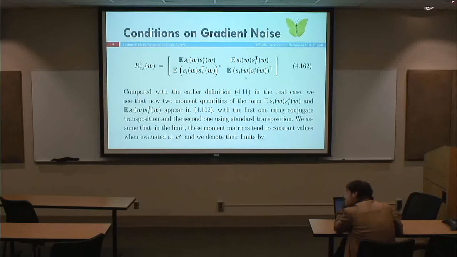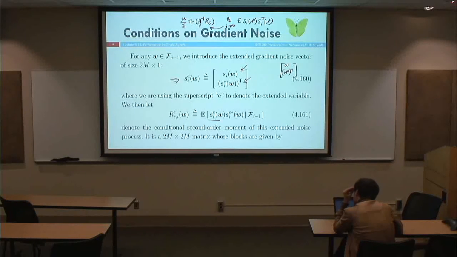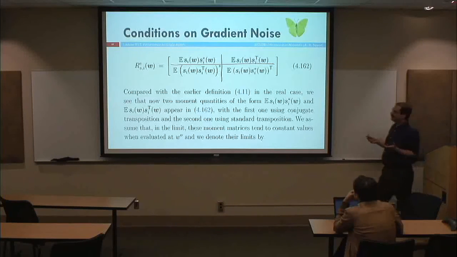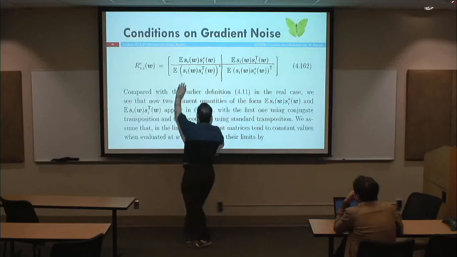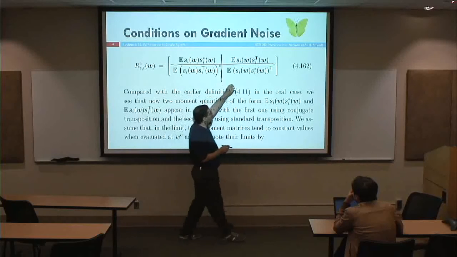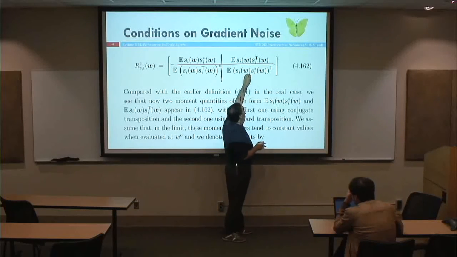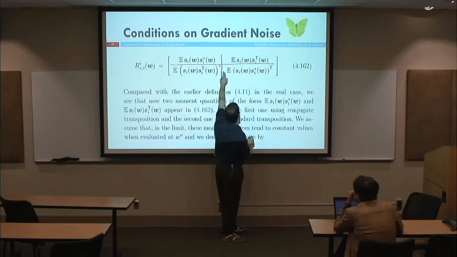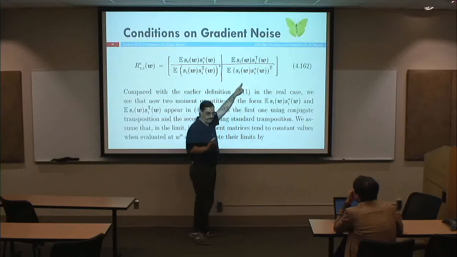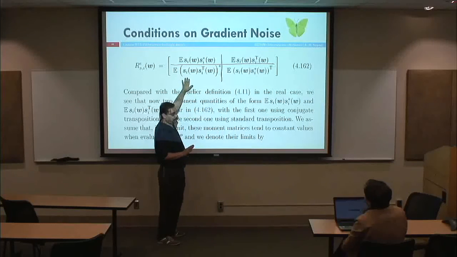Now, because this S^E is the extension in this manner, when you evaluate S times S star down here, you will get a 2m by 2m matrix which contains these entries. The 1-1 block of it is the usual covariance of S. The 2-2 block of it is the transpose of it. And then the off-diagonal elements are S S transpose, which is not a real covariance matrix in the complex case, and its conjugate.